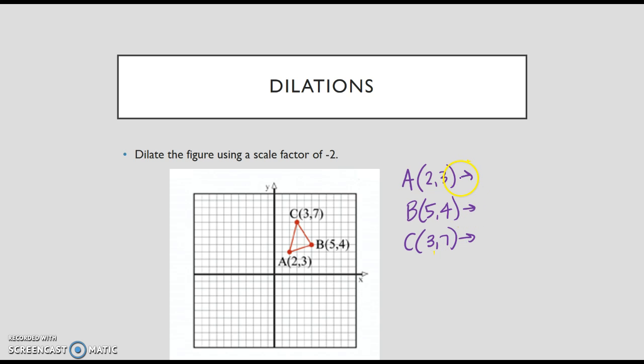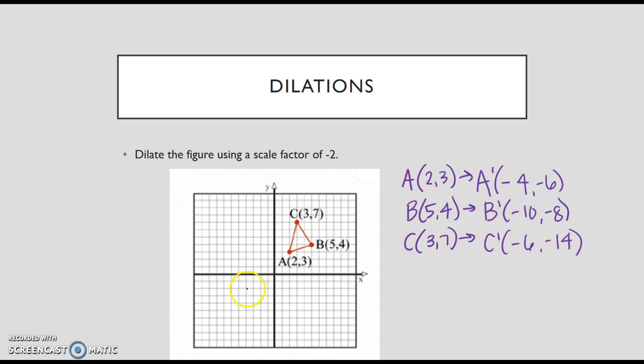Anytime you're working with a dilation, all you do is multiply by your scale factor. So A prime, if I multiplied both by -2, would be -4, -6. B prime, -10, -8. C prime, -6, -14. All right, which is probably going to go off our screen, but now I'm just going to graph them.